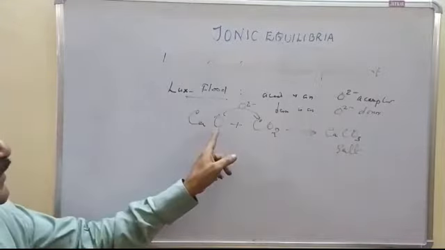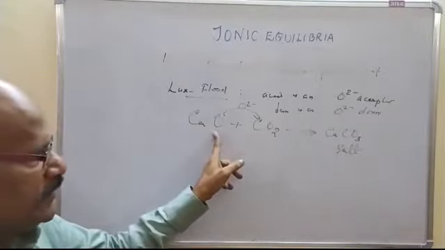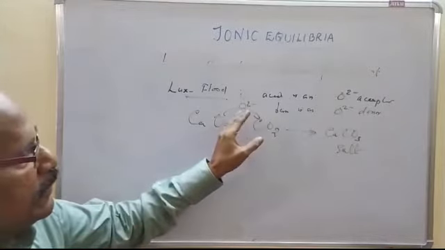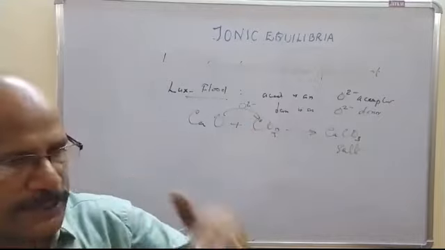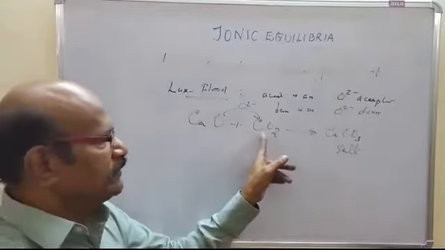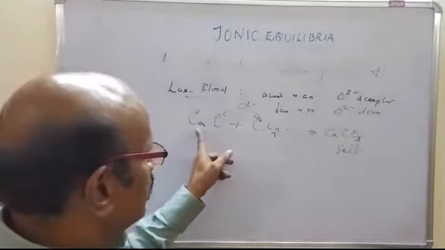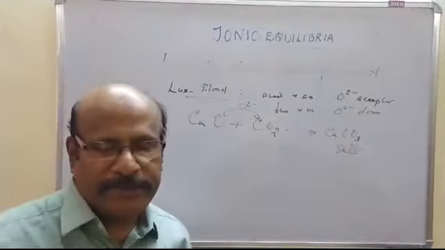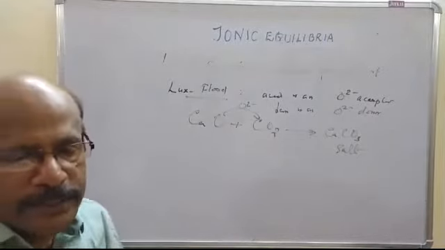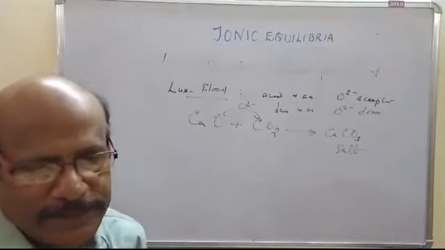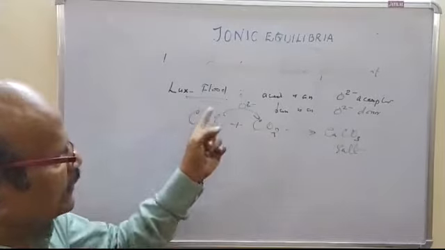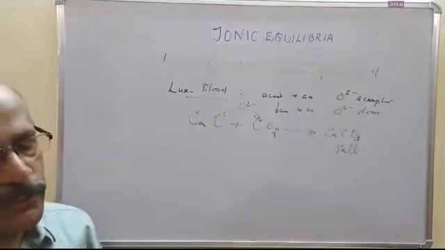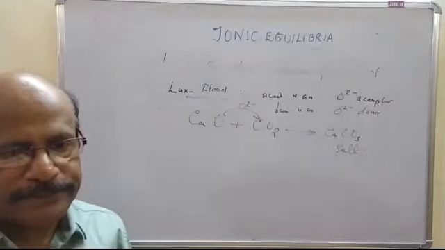Here calcium oxide, a metallic oxide, donates oxide ion, transferring the oxide ion to carbon dioxide, which is an acidic oxide, a non-metallic oxide. We have the salt calcium carbonate. So the reaction between a metallic oxide and a non-metallic oxide can be considered as an acid-base reaction according to the Lux-Flood concept, with the metallic oxide acting as a base, while the non-metallic oxide acts as an acid.